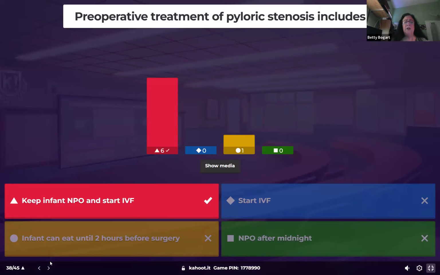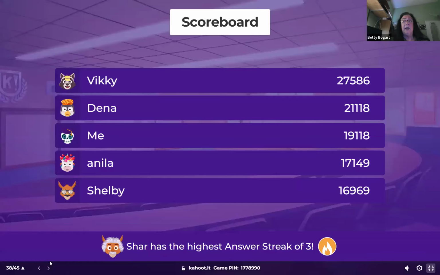Food doesn't go down. So just keep them NPO, and because they're infants, they need IV fluids. Remember tracheoesophageal fistula, your esophageal atresia. There are these mini aspirations. That preoperative treatment is going to include antibiotics. That's the difference. Students get confused with that. This one has no aspirations, so you don't need to give prophylactic antibiotics.